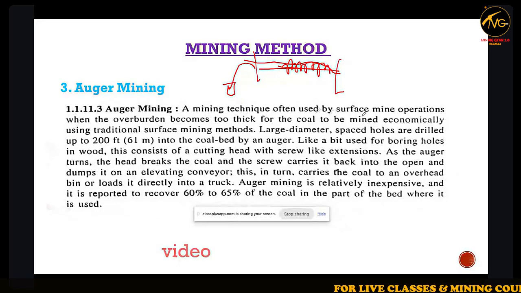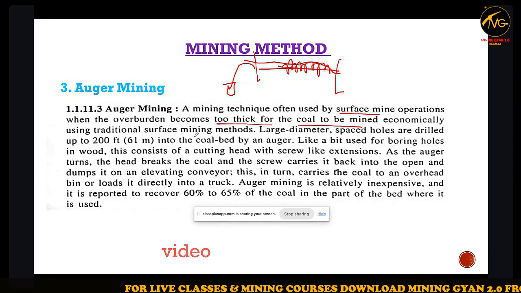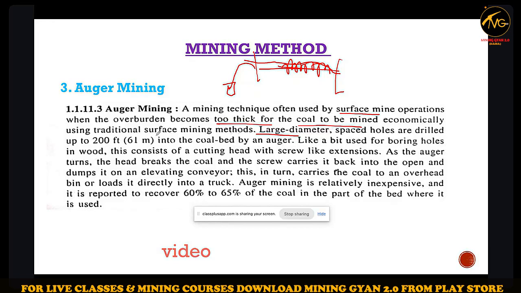This mining method is often used in surface mining. You have seen the video. When the overburden becomes too thick for the coal to be mined economically, large diameter holes are drilled up to 2 feet into the coal bed by the auger.